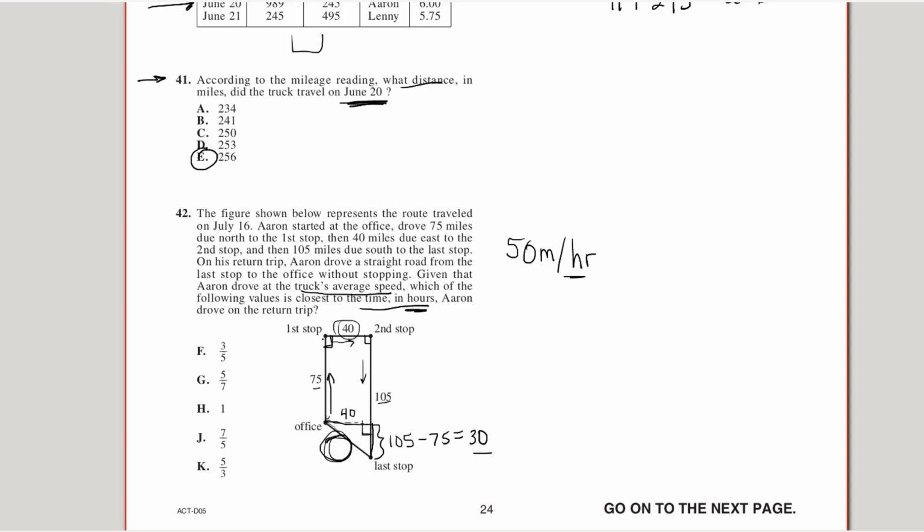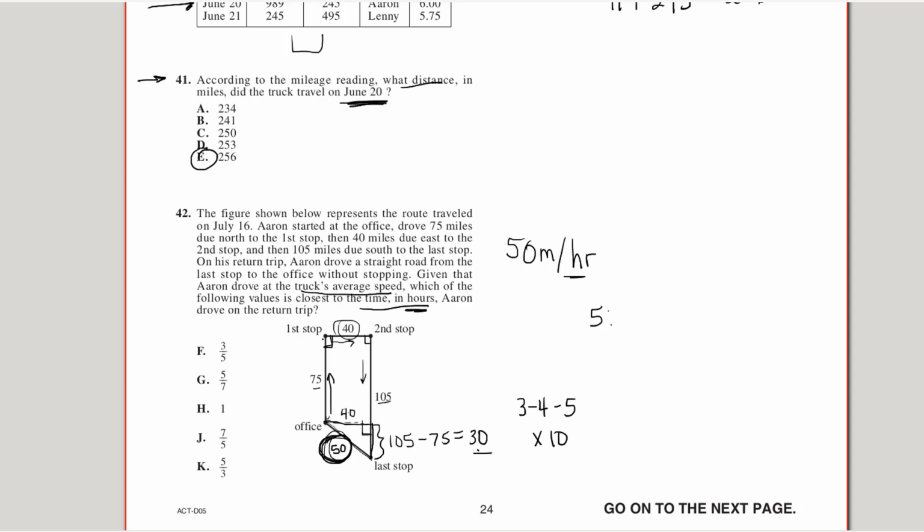This is our hypotenuse. If we can recognize, we have a 3, 4, 5 triangle right here with a multiple of 10. So we went 30, 40, that would make the distance traveled from the last stop to the office 50. We don't even have to use the Pythagorean theorem. We could if we needed it, but that distance is 50.